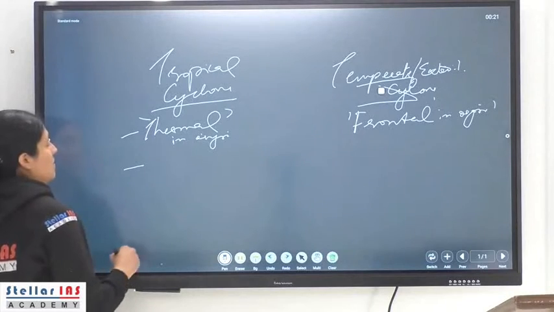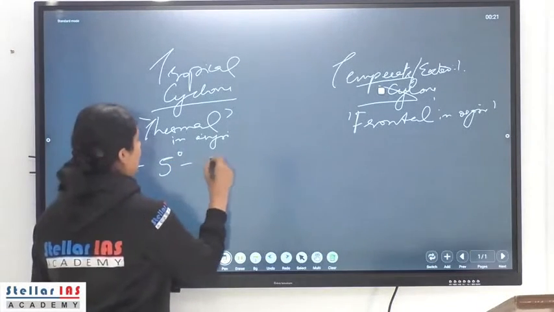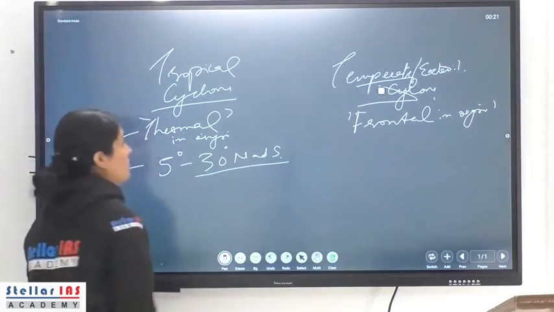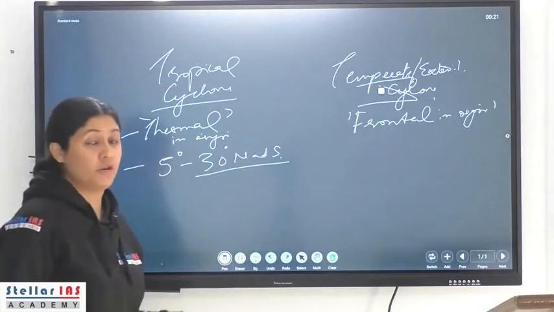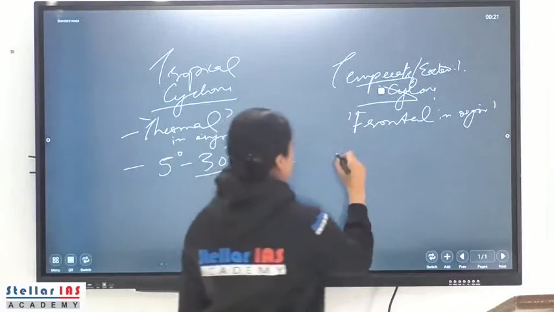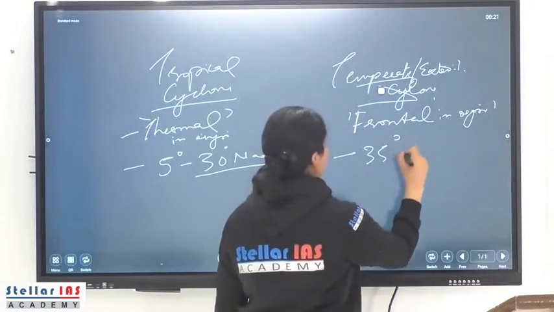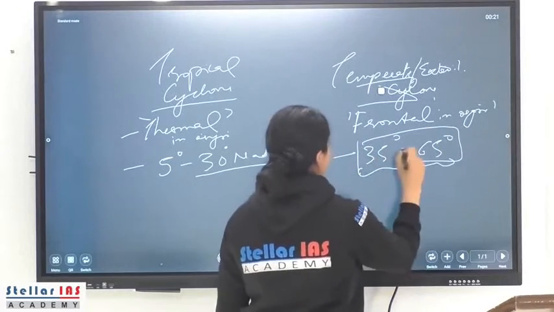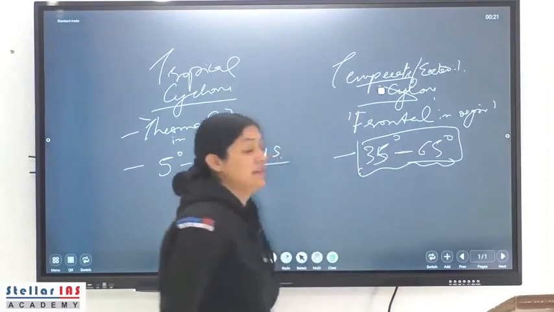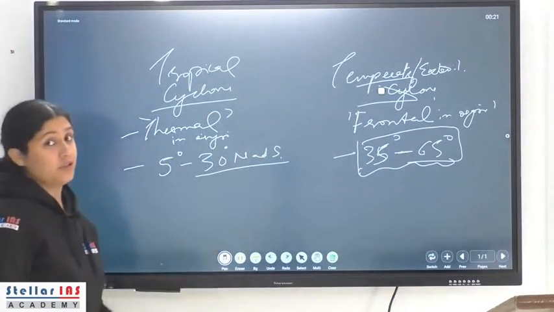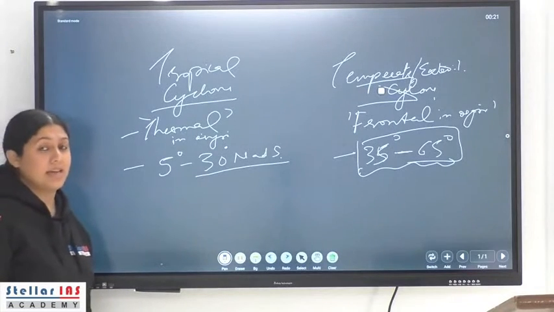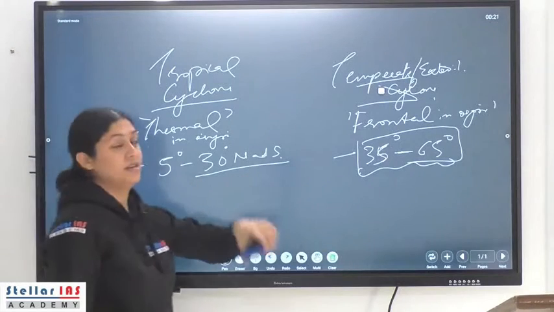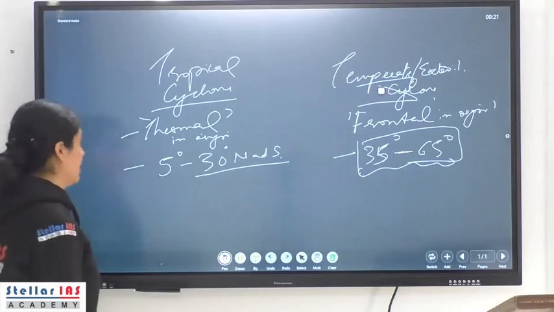Tropical cyclones, they are formed in areas 5 degrees to 30 degrees north and south, whereas extratropical cyclones are a feature of the middle and higher latitudes between 35 degrees to 65 degrees, and they are more pronounced in the northern hemisphere due to greater temperature contrast of the resulting air masses, right? 5 degree to 30 degree, 35 degree to 65 degrees, right?